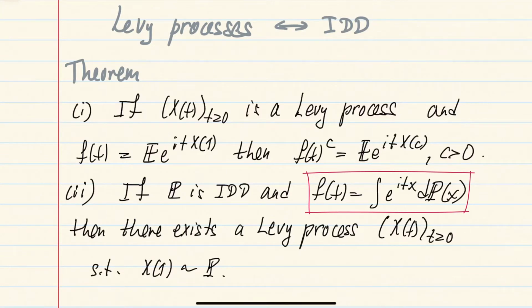So in other words, for every infinitely divisible distribution, we can construct a Levy process where this distribution is just the distribution of the process at time 1.